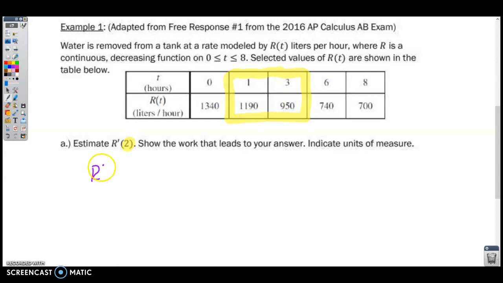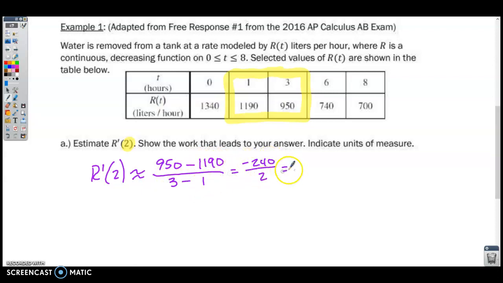So we're going to say R prime of t here is approximately equal to, and I'm just going to go ahead and calculate the average rate of change on that interval. That gives me negative 240 over 2, negative 120. We're supposed to indicate units of measure.